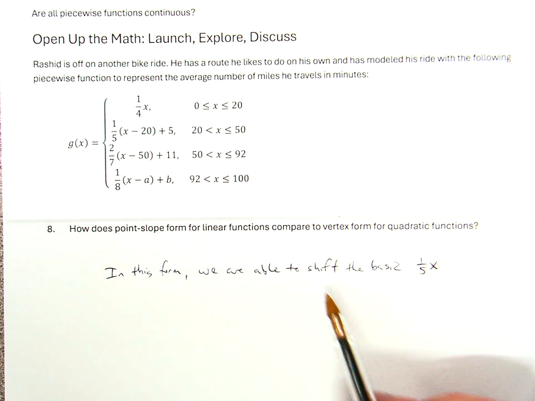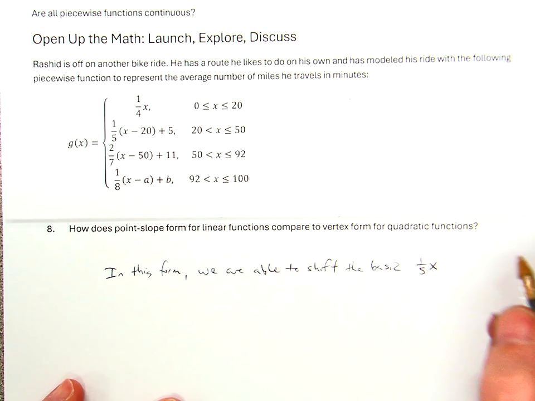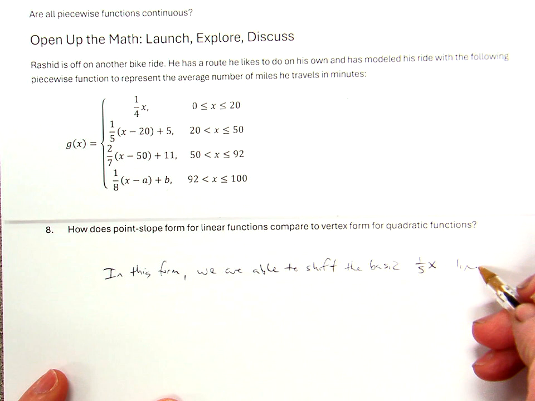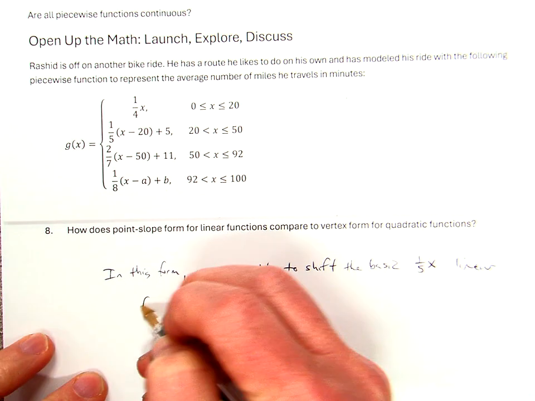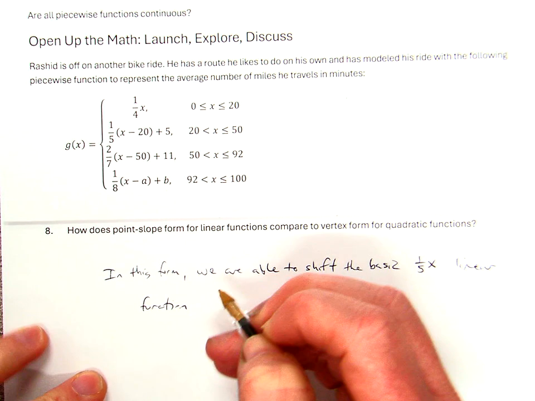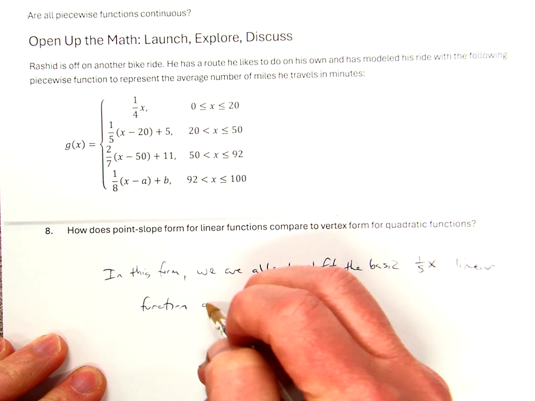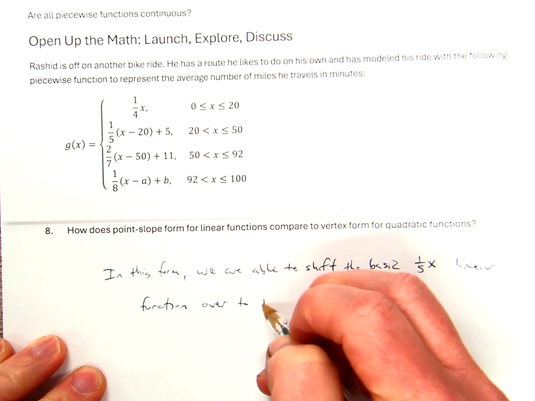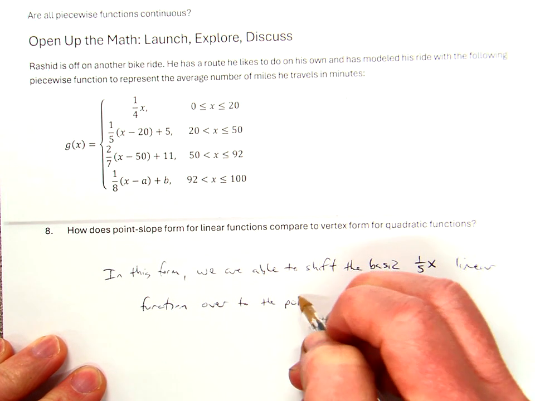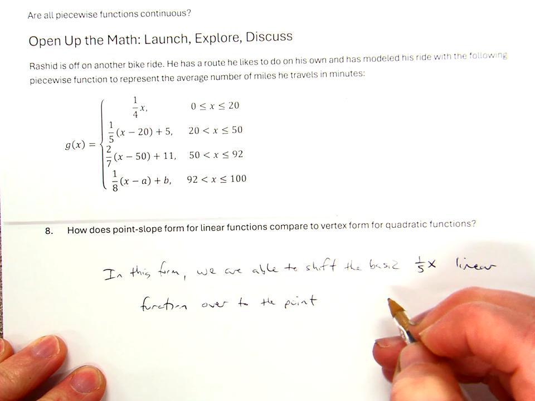So we can shift the basic 1/5 x linear function over to the point that the line should pass through.